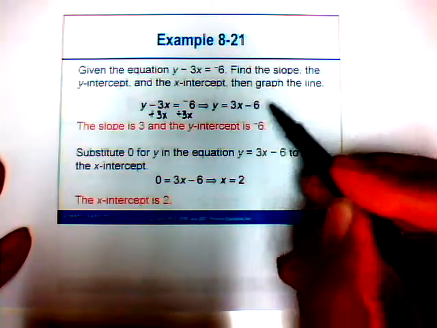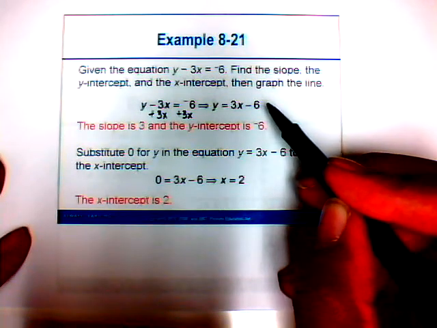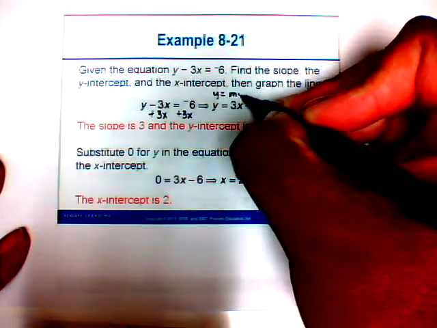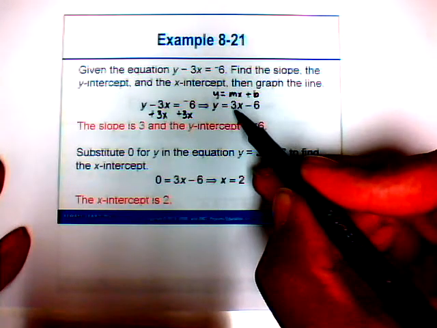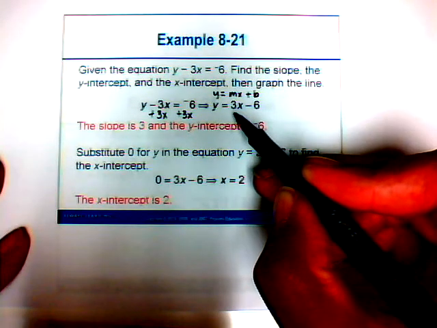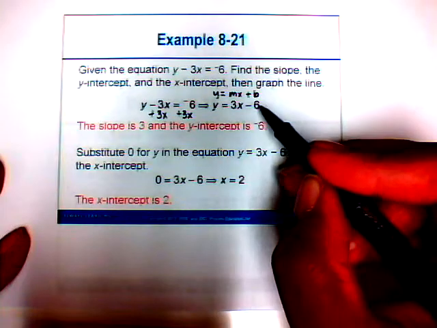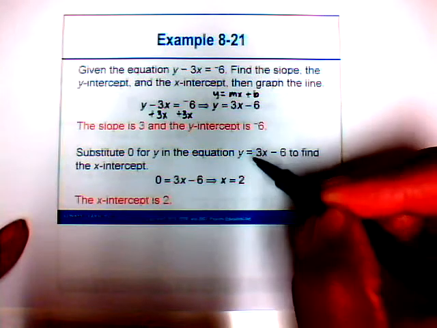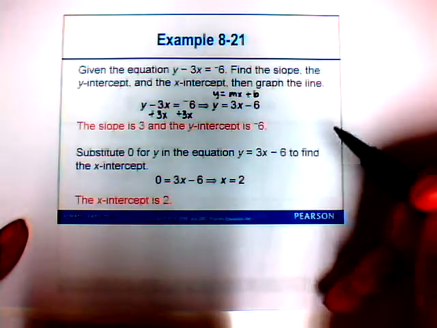That's your equation in slope-intercept form, because it is of the form y is equal to mx plus b. m is the slope, that's the number in front of the x. So the slope there will be 3. The b, which is your y-intercept, is the number added to or subtracted from 3x. So that's negative 6. So the y-intercept is negative 6.